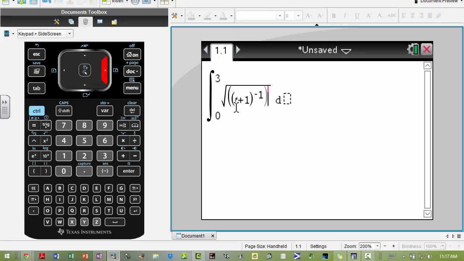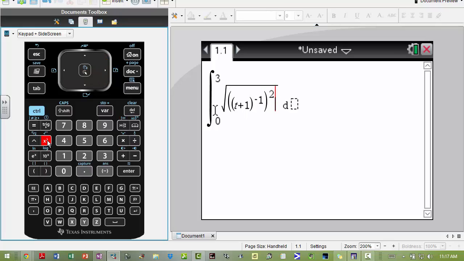Plus (t plus 2) to the negative 2. Yeah. And then square it. And that's all dt.